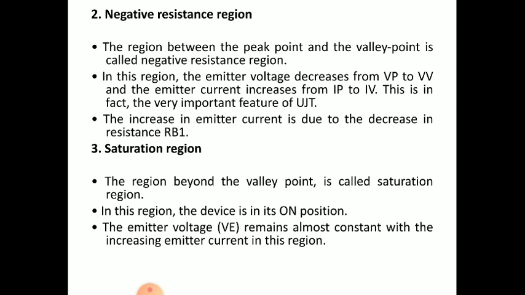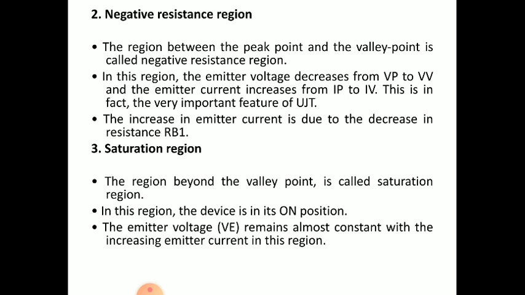In this region, the emitter voltage decreases from VP to VV, and the emitter current increases from IP to IV. This is in fact the very important feature of UJT.